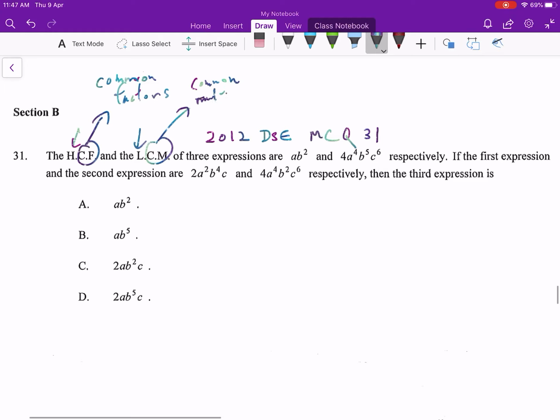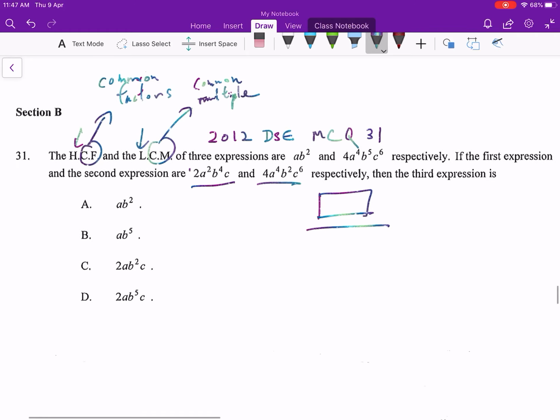Actually, common factors mean both of them have the same thing, then I will just take it out as the common factor, okay? For a common multiple, whenever I can see a letter, I will just take it out because I understand that both of them have a number of 1 there, and all the things are multiples of 1.